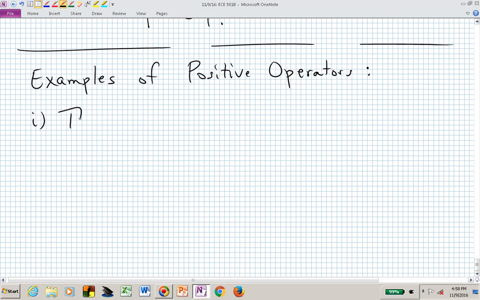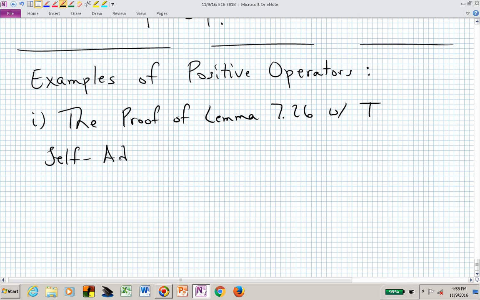The proof of Lemma 26, with T self-adjoint and B squared less than 4C, produces a positive operator.